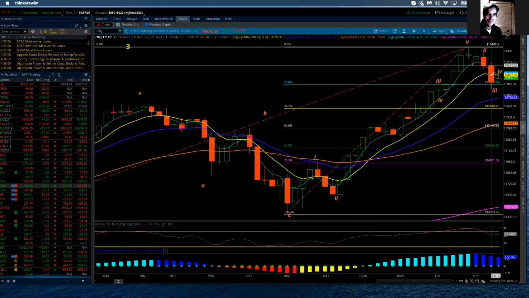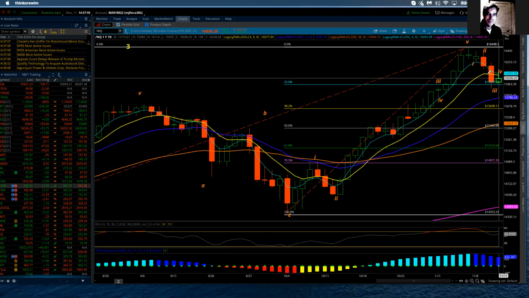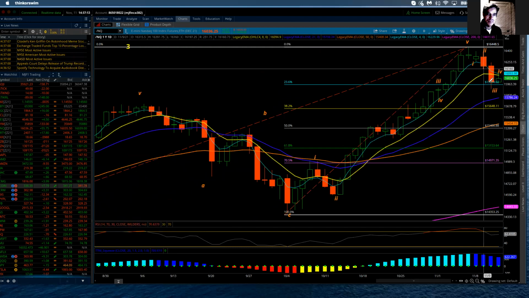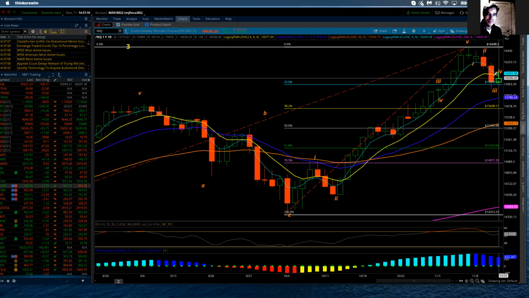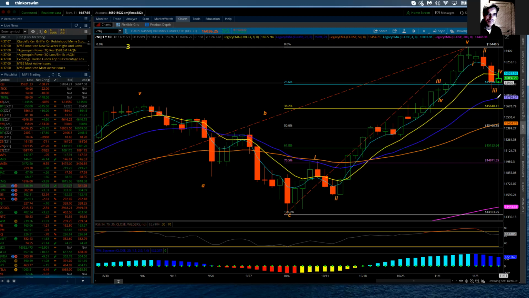Here again, we broke below the 8 yesterday. We stayed below it. They tried and they did successfully get above, but then it slipped back below. So again, we got a second close below the daily 8.